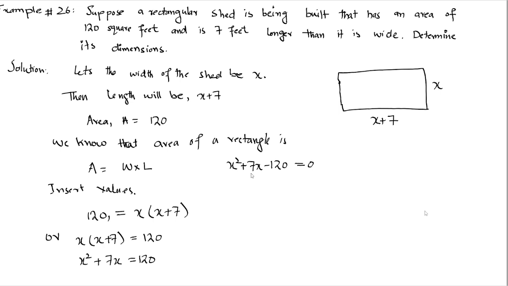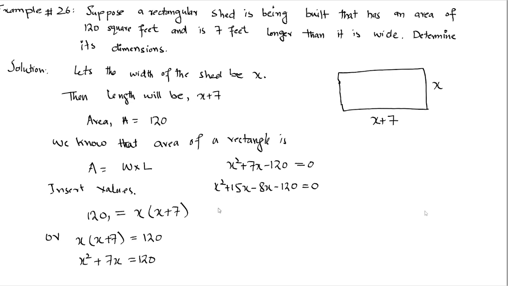Now we will take two numbers whose product is minus 120. So that will be 15 and minus 8. And the sum of 15 and minus 8 is plus 7. So we can write that x square plus 15x minus 8x minus 120 is equal to 0.